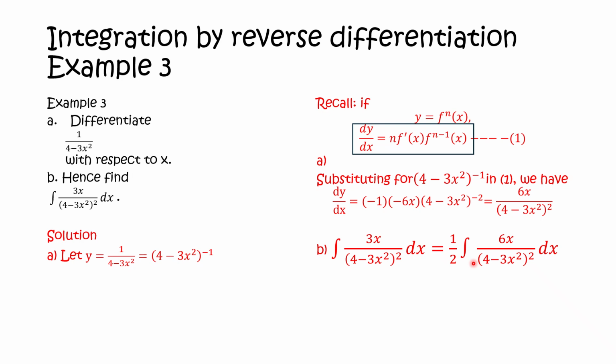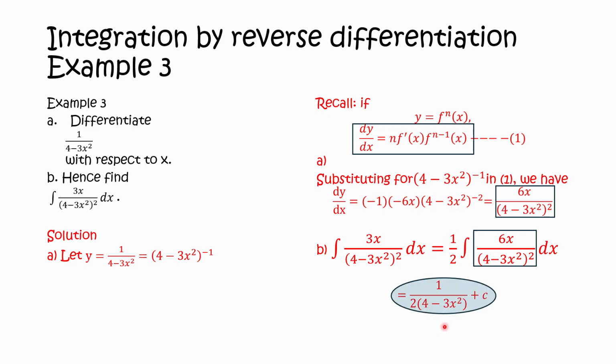Now, what we see is that the part inside the integral is identical to the part that we obtained in the differentiation. And with that, we can easily reverse the differentiation carried out to the form that we had before the differentiation. Then our answer becomes 1 over 2 times 4 minus 3x squared, plus c.